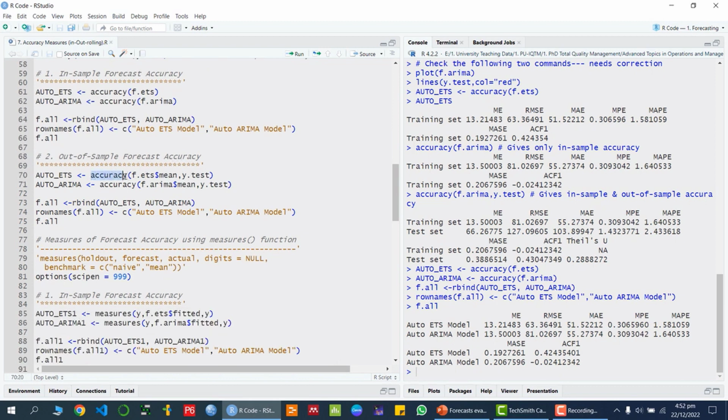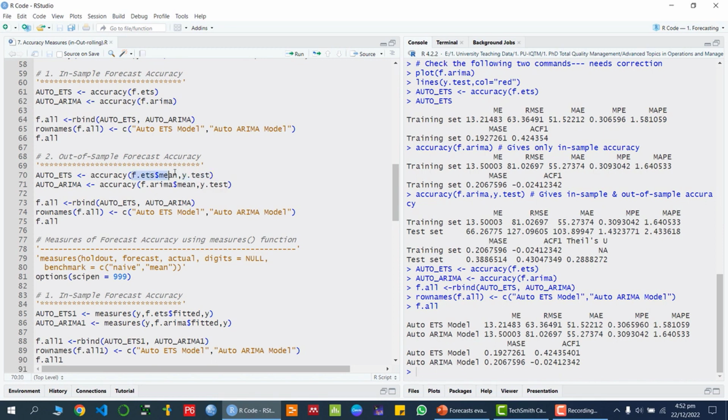So for that, we are saying accuracy, then f.ets, that is the name of the variable in which we have the forecasted values using the exponential smoothing model, and then dollar sign mean. Dollar sign mean is taking the predicted values up to 12, because the forecast horizon we were considering is 12, and then y.test, having the out-of-sample data set.